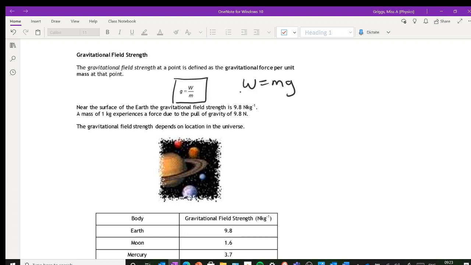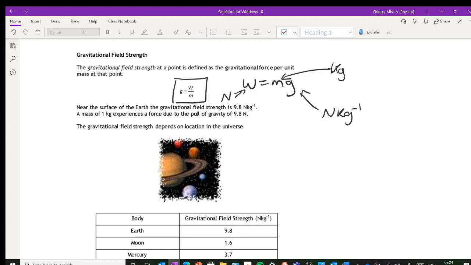And remember, weight is in newtons, mass is in kilograms, and gravitational field strength is in newtons per kilogram. Near the surface of the Earth, gravitational field strength is 9.8 newtons per kilogram. So a mass of 1 kilogram experiences a force due to the pull of gravity of 9.8 newtons.